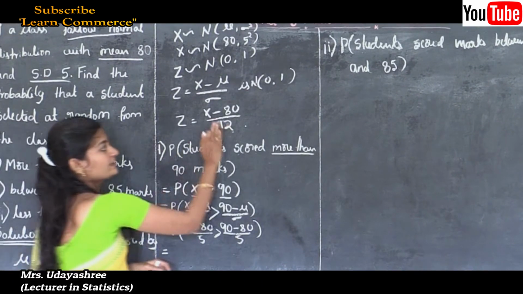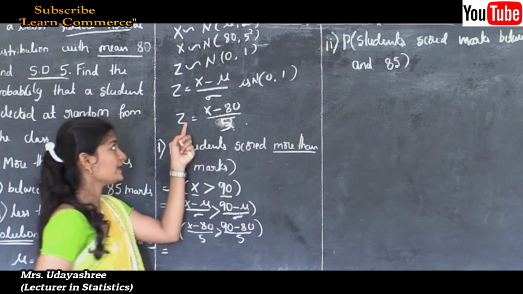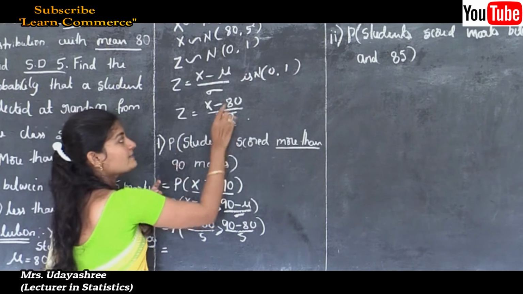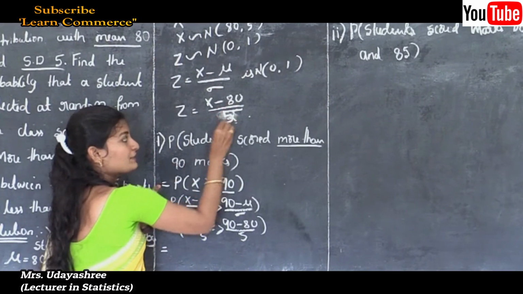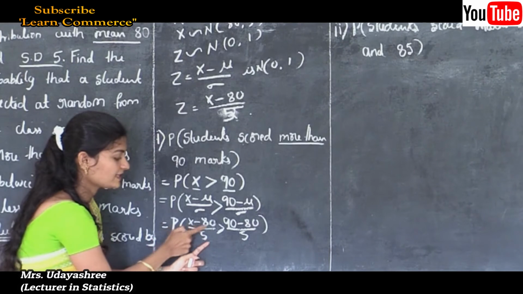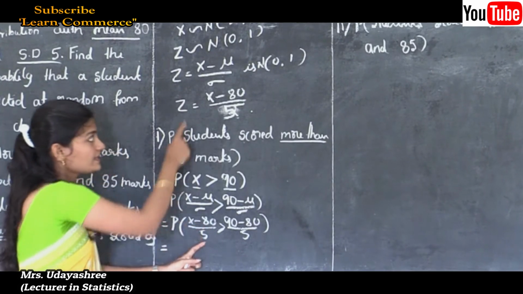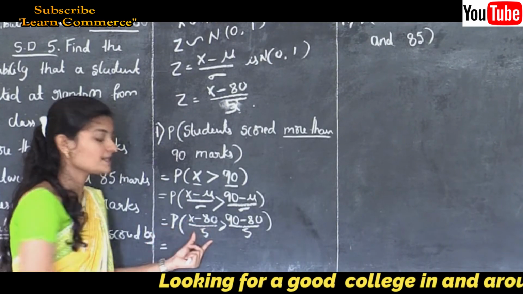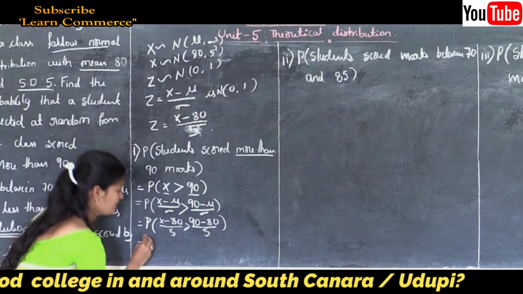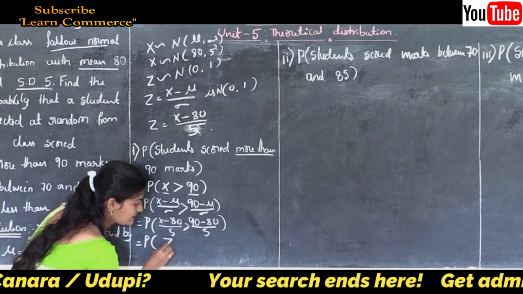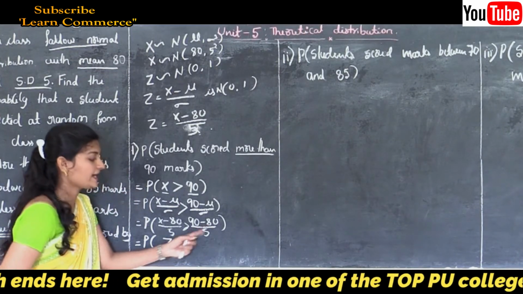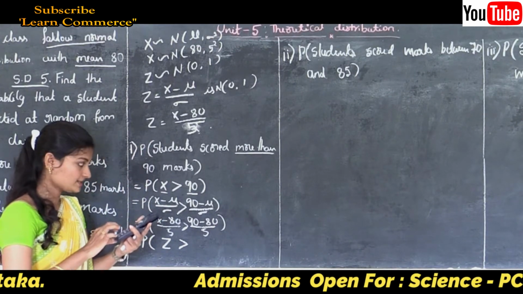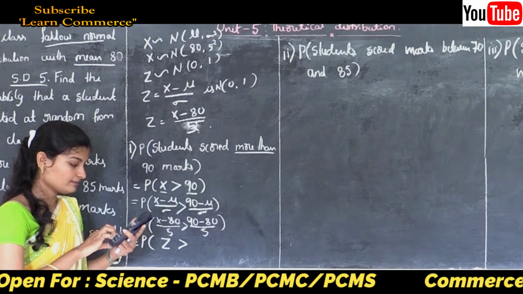Here z is equal to x minus 80 divided by 5, so in the place of x minus 80 divided by 5 I will write z. So this is probability of z greater than 90 minus 80 divided by 5. Here 90 minus 80 is 10, divided by 5 is 2.